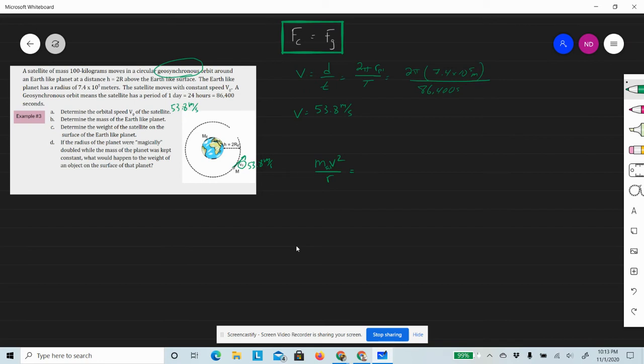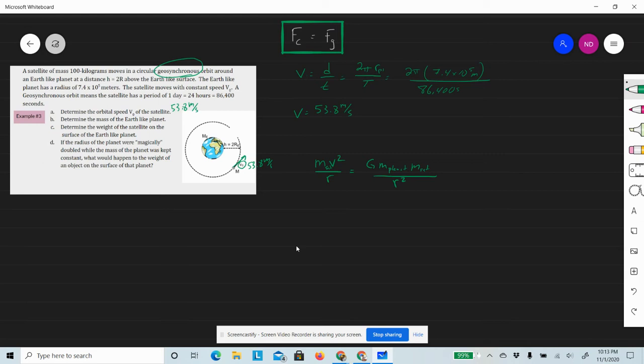Okay, this equals G times the mass of the planet times the mass of the satellite over the radius squared. And again, I shouldn't say this is radius. This is separation, the distance from the center of the two objects.